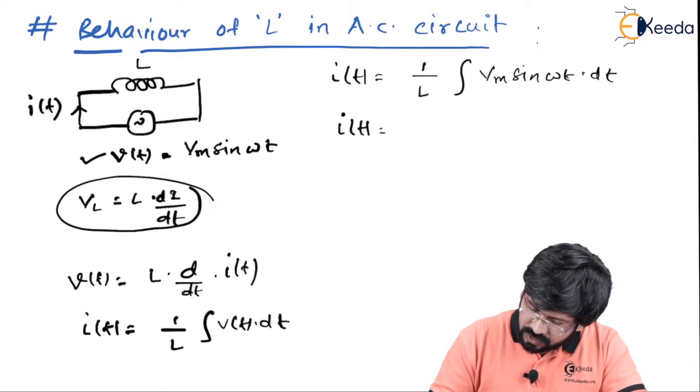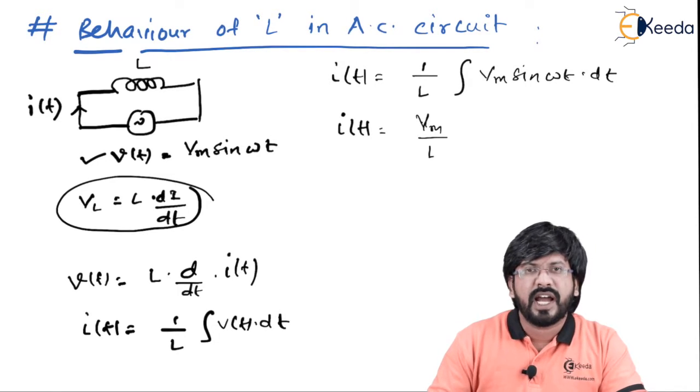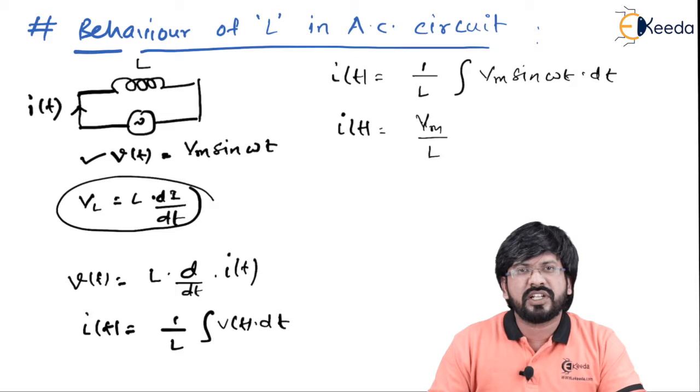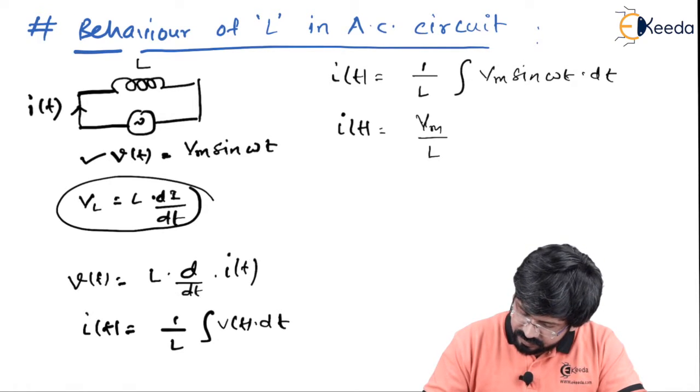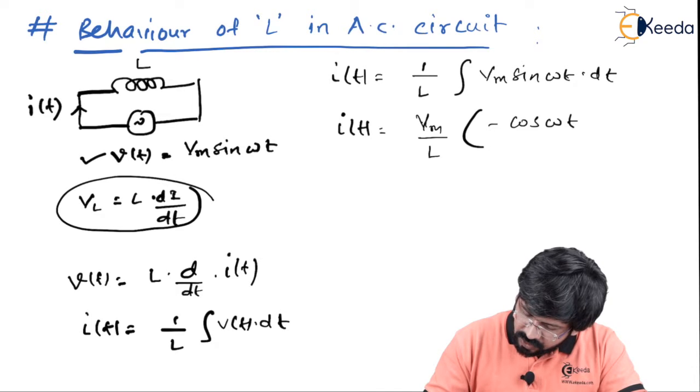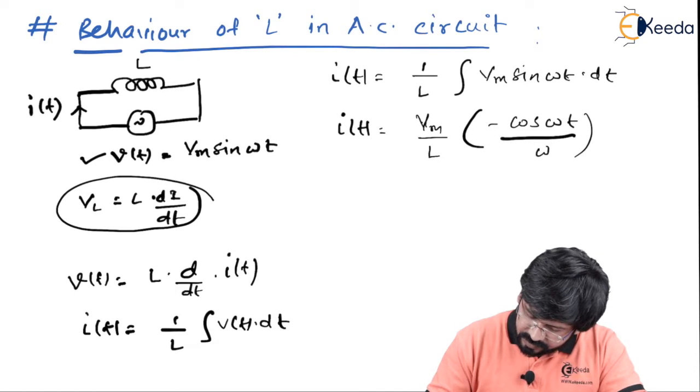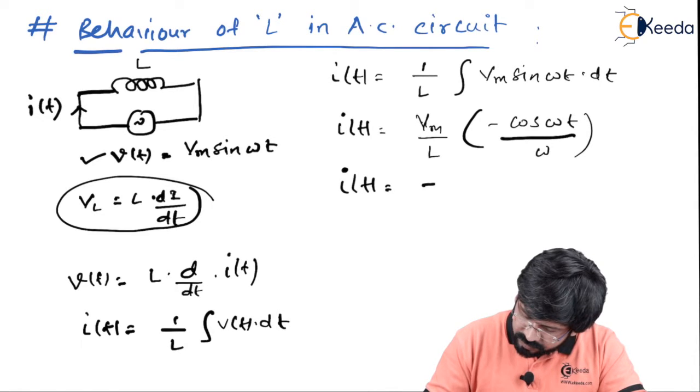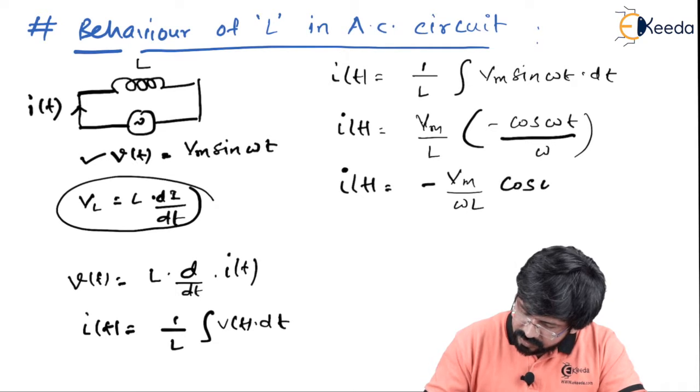I of t is equal to Vm, a constant, will come out divided by L, and the integration of sine omega t is minus cos omega t divided by the constant omega. I can rewrite this I of t as minus Vm upon omega L cos of omega t.